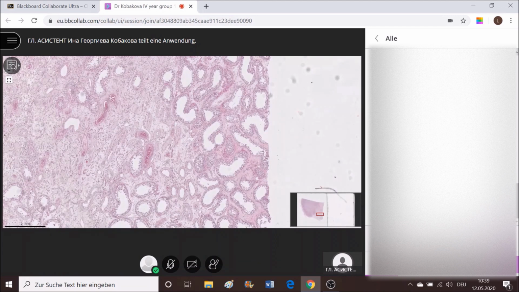What sort of tissue is that? How do you recognize it? Yes. What are these cells?